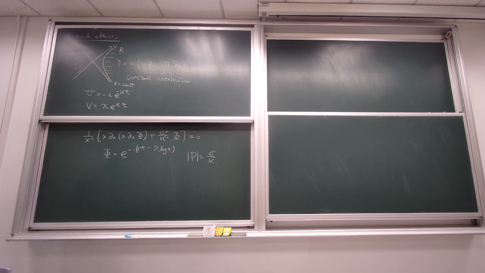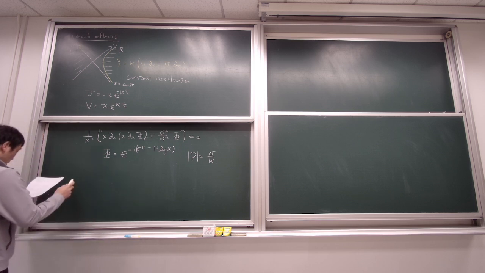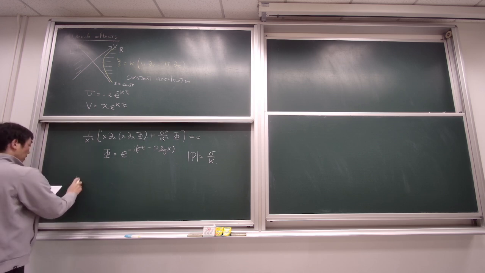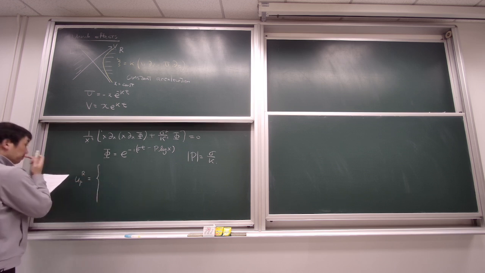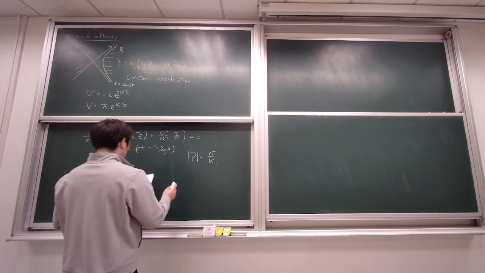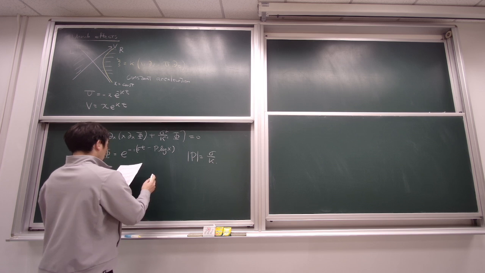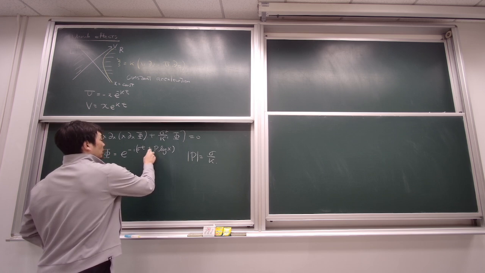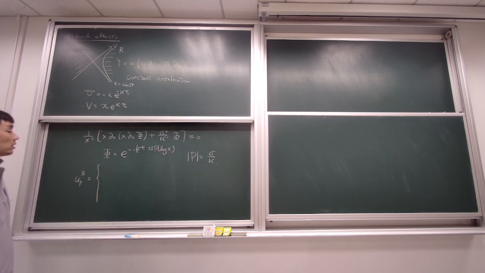So this is one of the solutions, and then here we just consider the right moving. It's just plus minus like this, depending on the right moving or left moving, right Rindler wedge and left Rindler wedge.